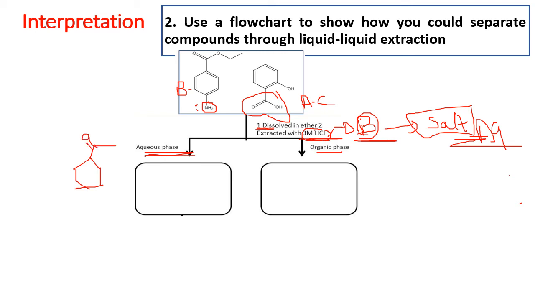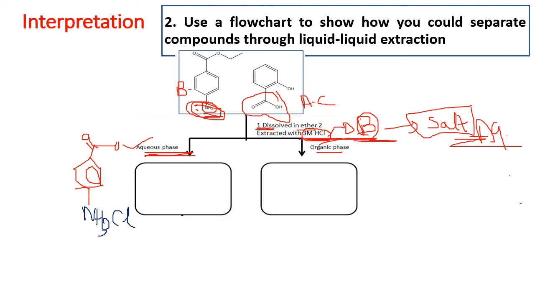When you draw the structure of your base, you have to convert this basic component into a salt, because this base functional group reacted with the acid to form the salt. So it's now no more NH2. However, it turned to be NH3Cl.